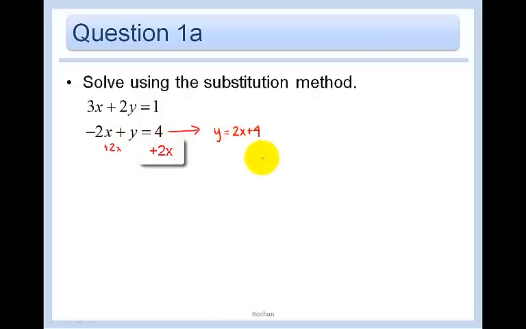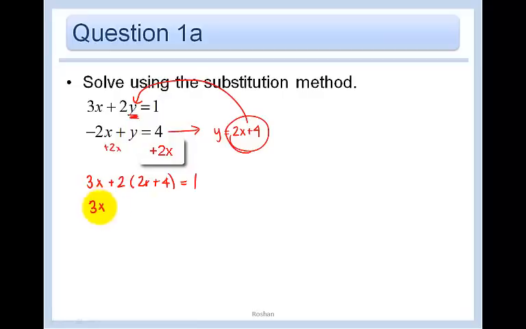So now what I'm going to do is everywhere I see a y in this equation here, I'm going to stick this in because we know now y equals 2x plus 4. So instead of a y, we can put in a 2x plus 4. So now we have 3x plus 2y is equal to 1.